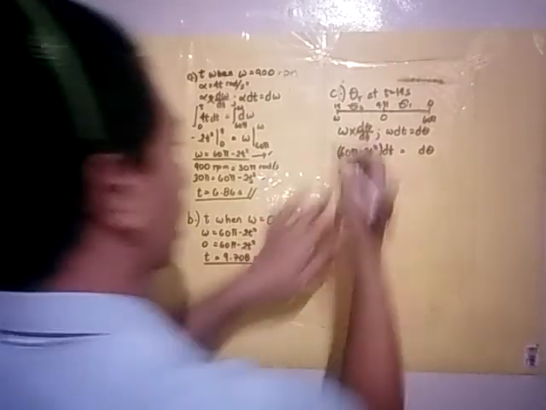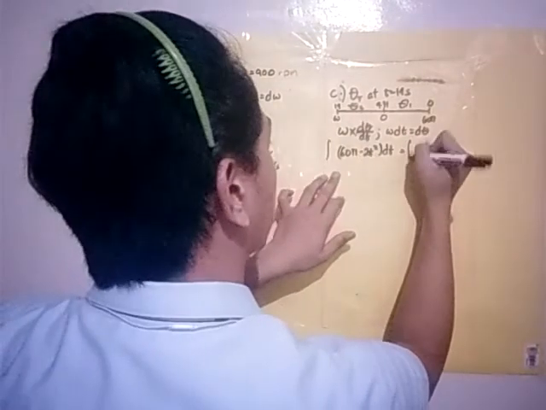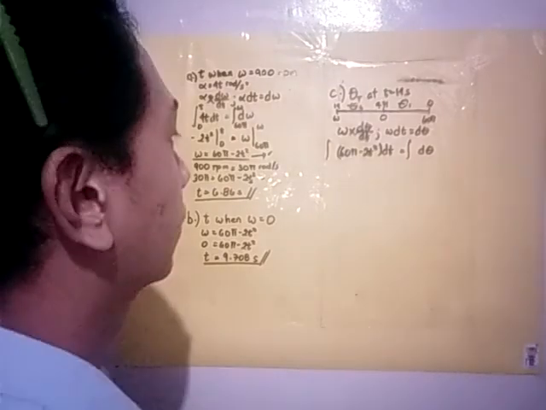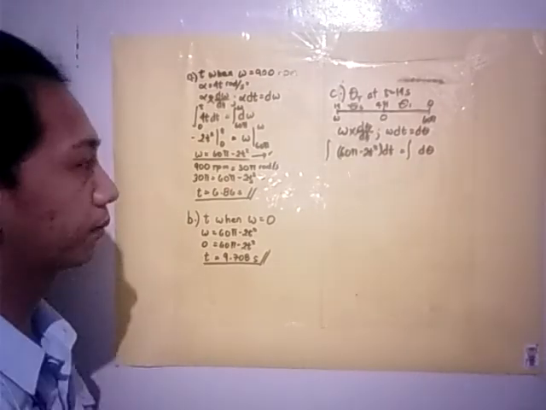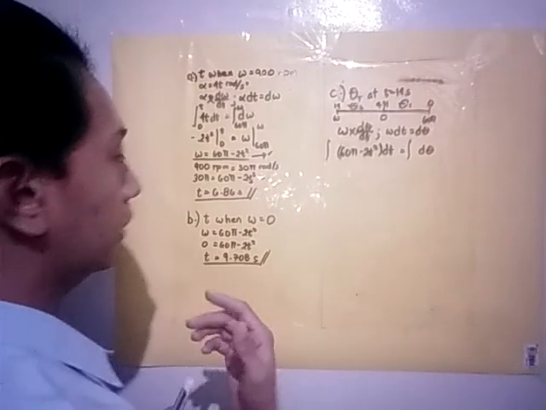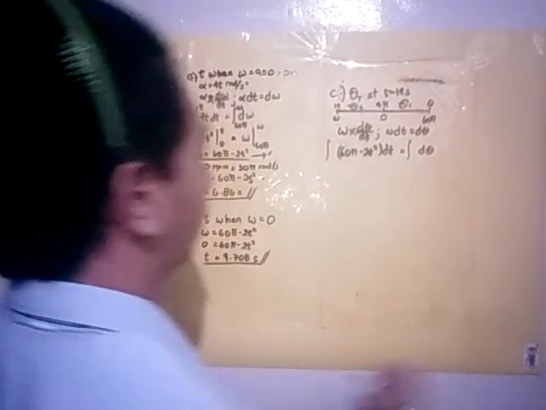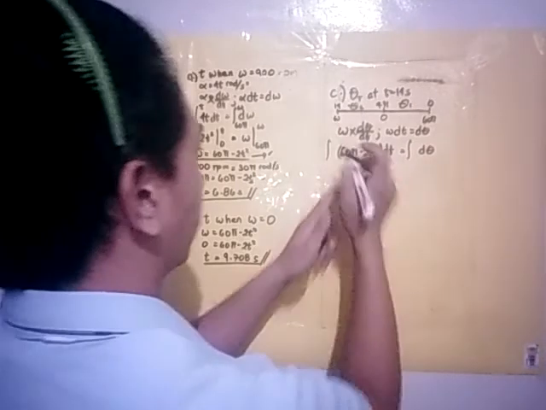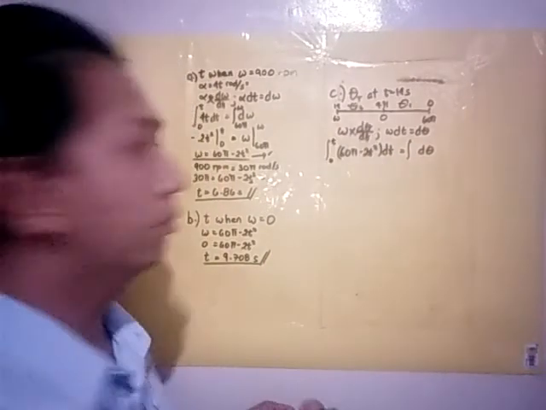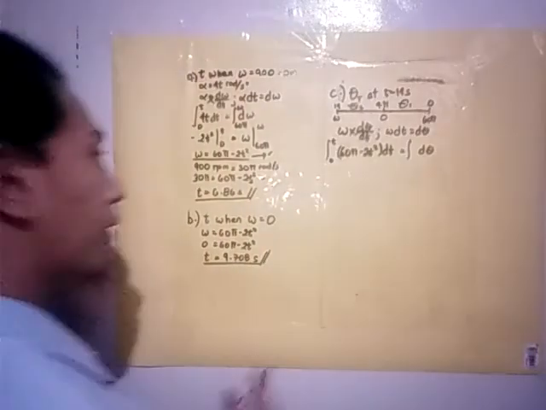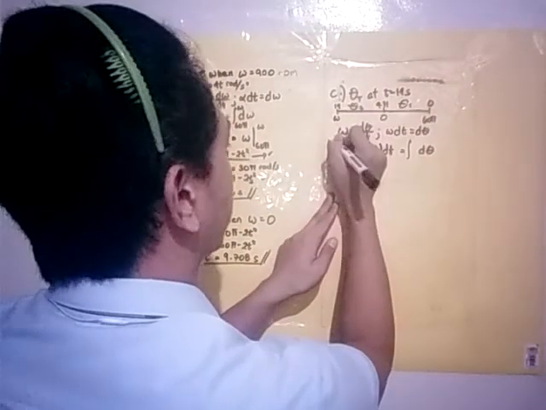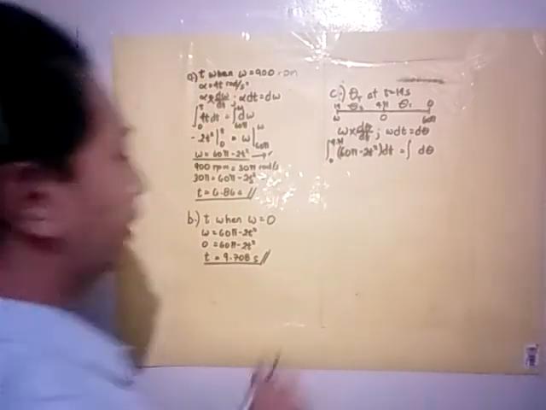Then I integrate both sides with our limits for time from 0 to 9.71.